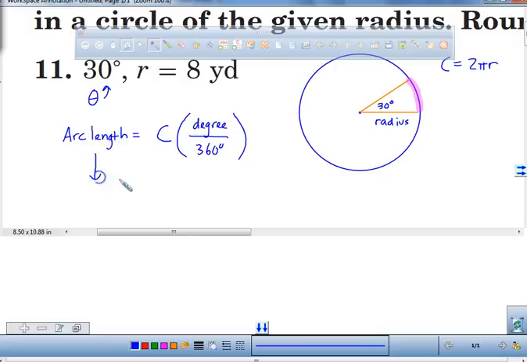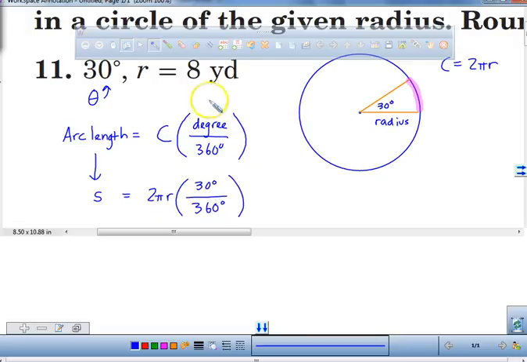Now, in the textbook, you will notice that the arc length has a letter called S. So we're going to call arc length always S. The circumference is 2 times pi times r, and the degree that we have is actually 30 degrees out of 360.